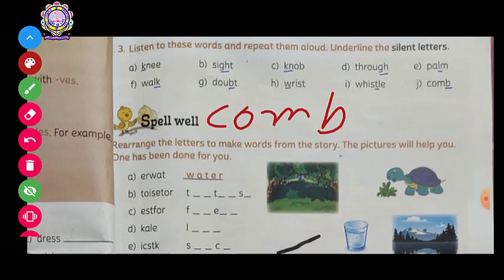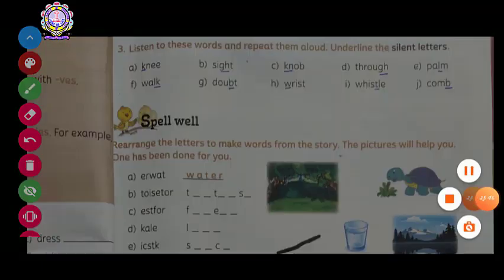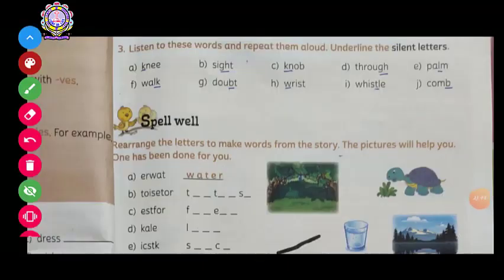So B is your silent letter. Only the pronunciation "come" is coming, but the spelling includes B. Right?